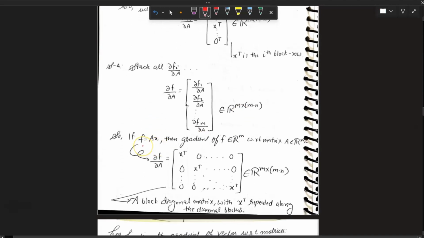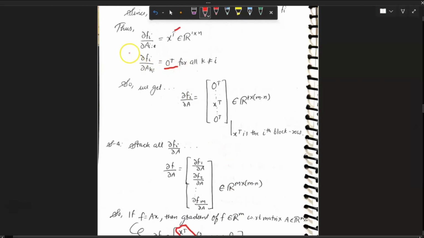So at last, f is equal to Ax, then the gradient of f, which belongs to R^m, with respect to matrix A, which belongs to R^(m × n), is ∂f/∂A equal to x transpose, 0, 0, 0, 0, 0. So see here, every diagonal is filled with x transpose, and every non-diagonal element is filled with 0.